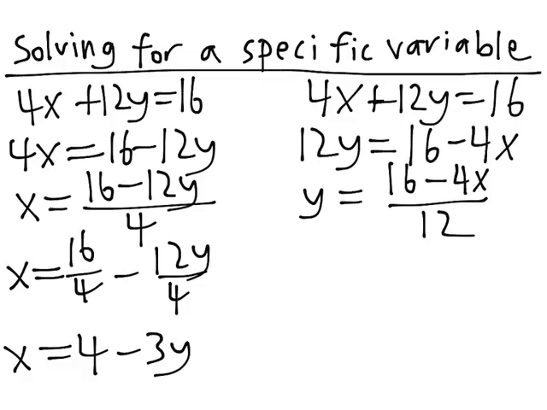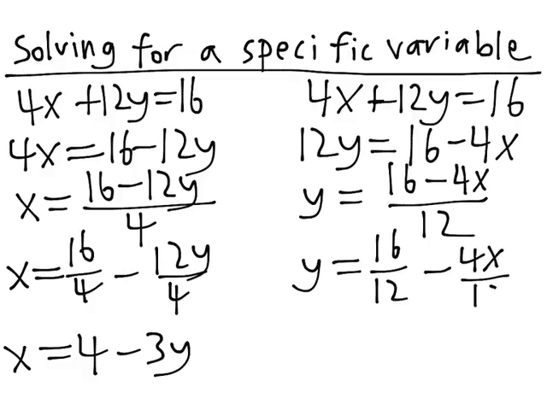Again, using the distributive property, this turns into y equals 16 over 12 minus 4x over 12. Simplifying these fractions, we have y equals 4/3 minus x over 3. And now we've solved this equation for y in terms of x.